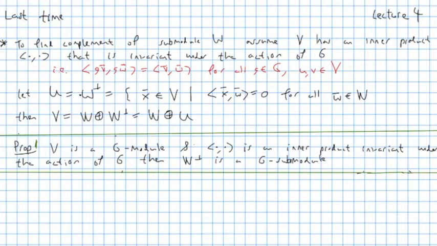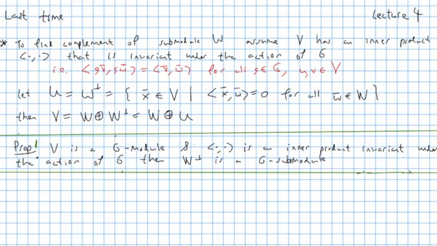And if we have such an inner product, we define the orthogonal complement W perp to be the elements in V that are orthogonal to all the elements of W. And from linear algebra, if we have an orthogonal complement, then the vector space is the direct sum of W and its orthogonal complement.